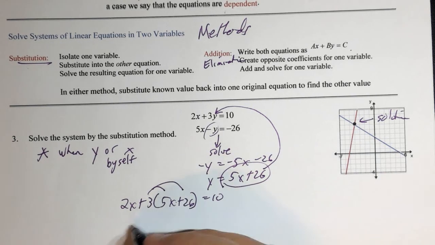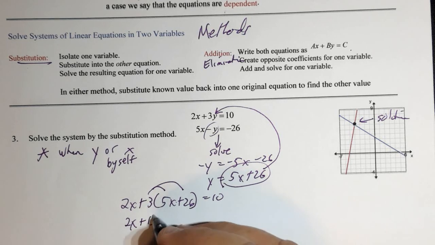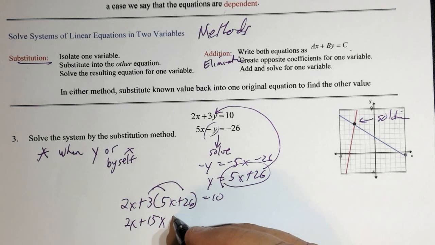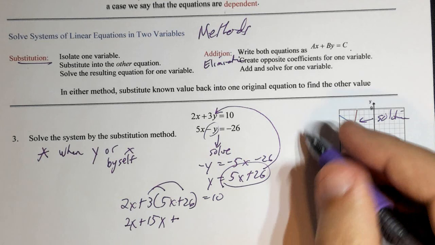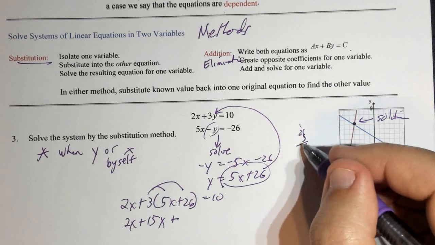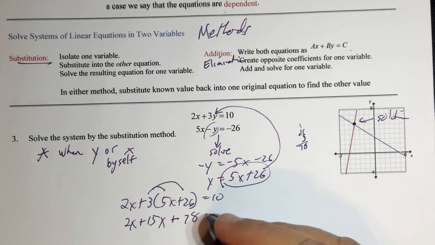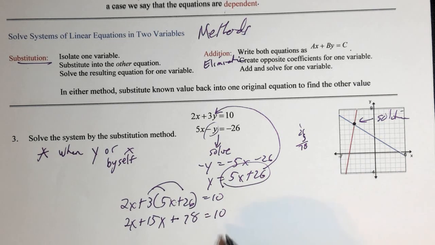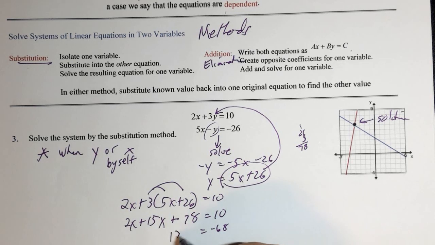Distribute. 2x plus 15x plus 26 times 3, 78, is equal to 10. Alright, so that's going to be a negative 68. This would be a 17x.